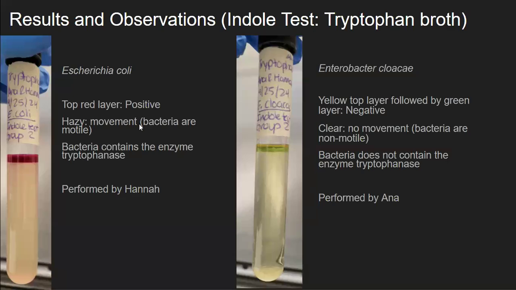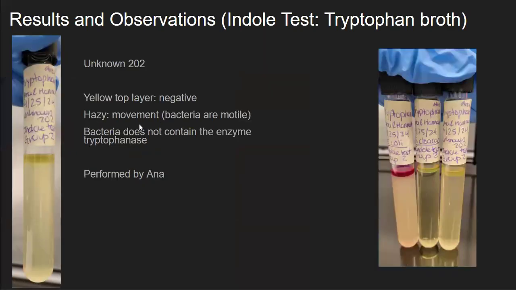Therefore, the bacteria does not contain the enzyme tryptophanase. For unknown 202, the yellow top layer indicated a negative result, but there was also hazy movement indicating that the bacteria are motile. Therefore, the bacteria does not contain the enzyme tryptophanase.